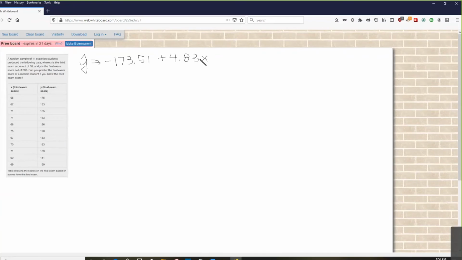So suppose we wanted to estimate or predict the mean final exam score of the students who received a 73 on the third exam.